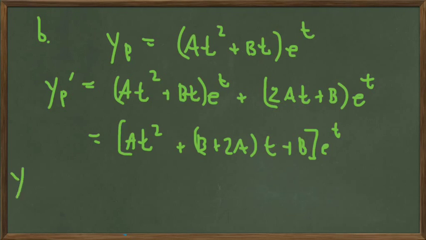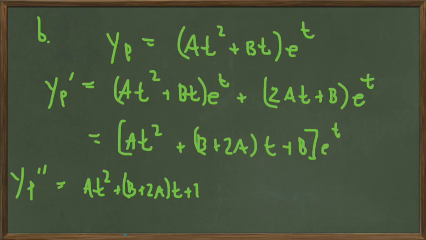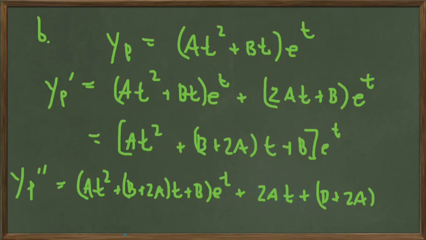And then yp double prime would be that same thing, at squared plus bt plus 2at plus b, times derivative of e to the t, which is e to the t. And then the derivative of the first is what? 2at plus b plus 2a, times e to the t.